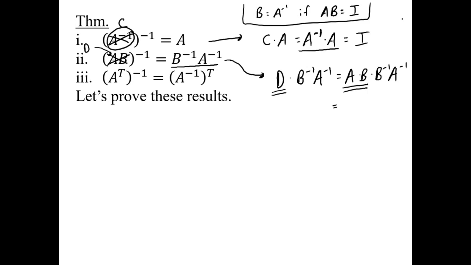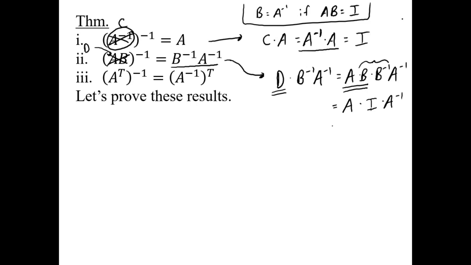And now let's do this product. Now, there was one property of matrix multiplication that does apply, and that was the associative property. It doesn't matter what order we do this product. So I'm going to start by doing this product, B times B inverse, because B times B inverse is the identity, because they are inverses. B inverse is the inverse of B. See, it's right there in the name.